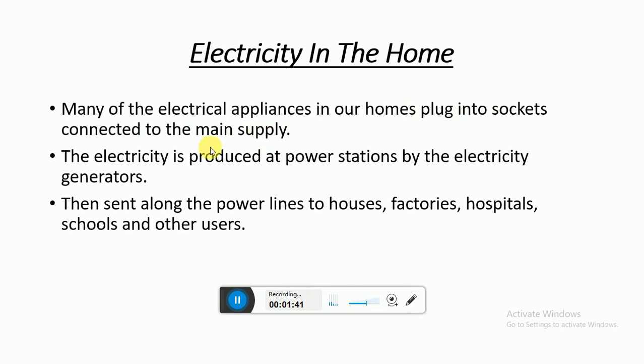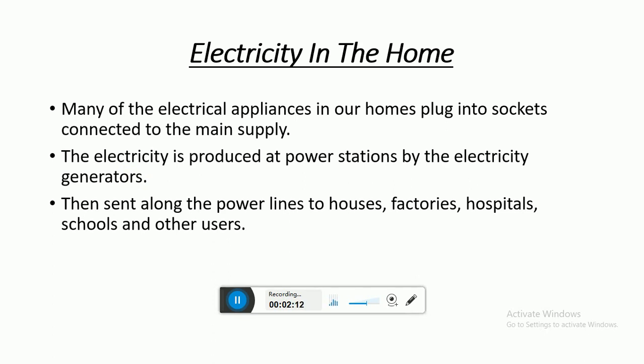So this main supply, the electric current or the electric energy comes from the power stations. The electricity is actually produced at power stations by using electricity generators, or we call them AC generators as well.